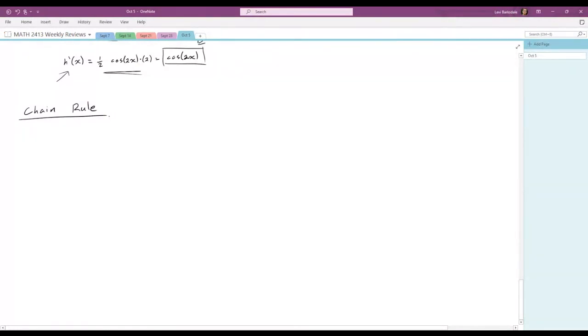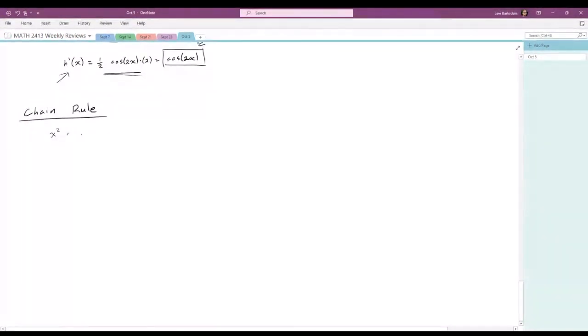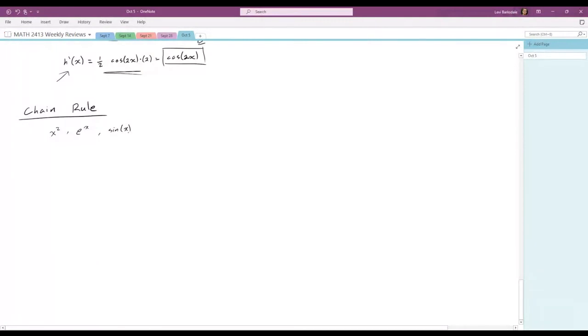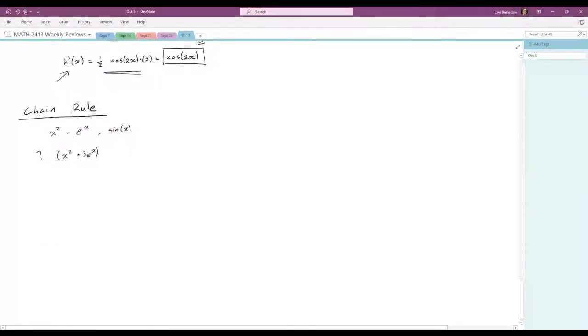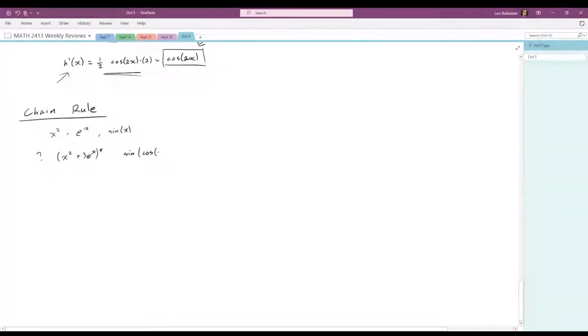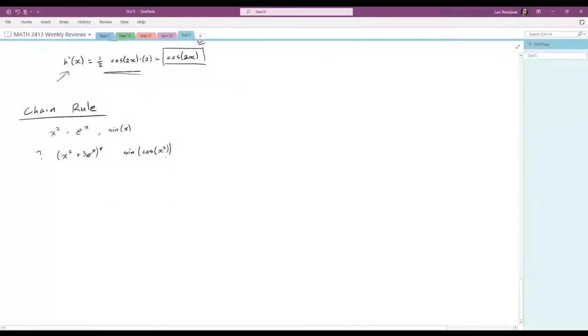We already know how to take the derivative of things like x squared, e to the x, sine of x, simple things like this. But what we don't know is how to take the derivative of things like (x squared plus 3e to the x) to the fourth, or sine of cosine of x squared.